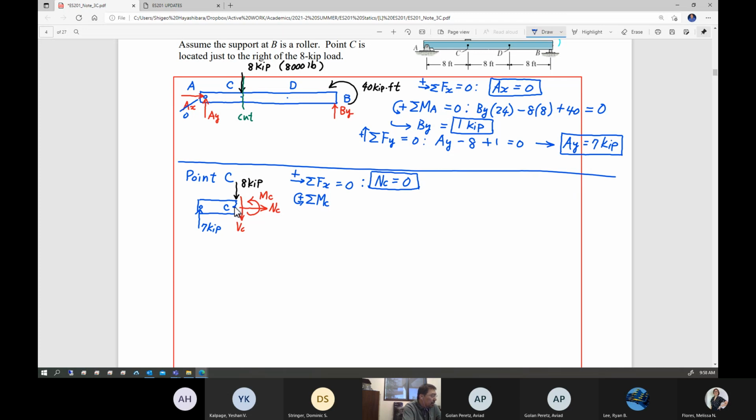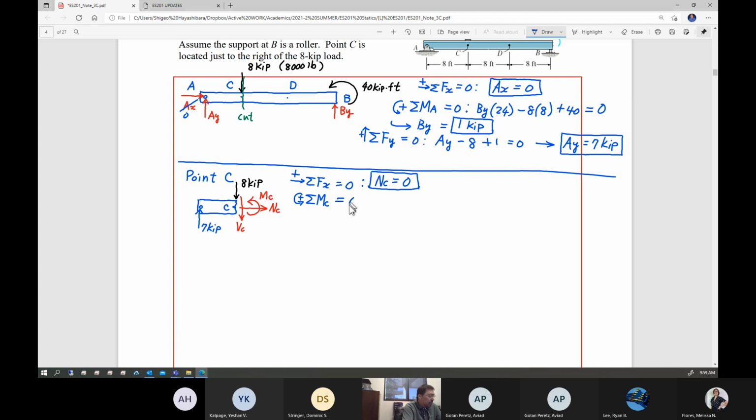Location C is very useful because the 8 kip going through location C doesn't contribute any moment. Shear force BC doesn't create any moment at location C. Normal force doesn't create any moment. So what's left? 7 kip creates the negative moment. That should counteract with MC, internal loading, right?